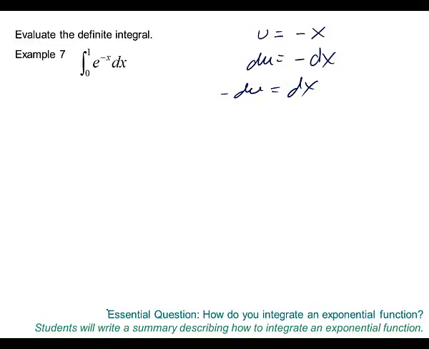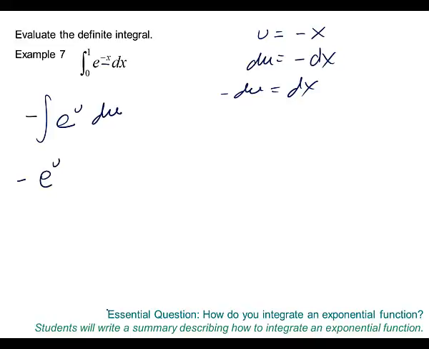We can sub in for the u, or we can ignore our limits till we put our x back in. That's what I'm going to choose to do on this one. So I'm going to ignore the limits until I get it back in x's. So I'm going to go e to the u, and then for the dx, I'm putting in negative du. All right, when I integrate e to the u, what do we get?